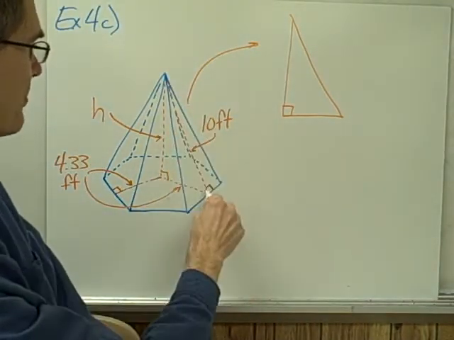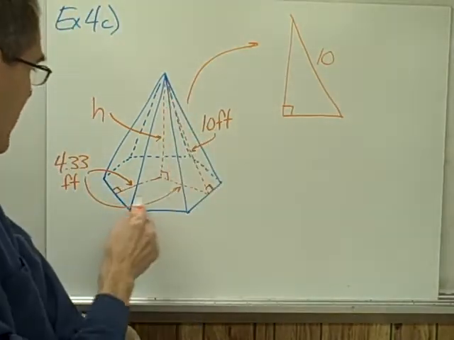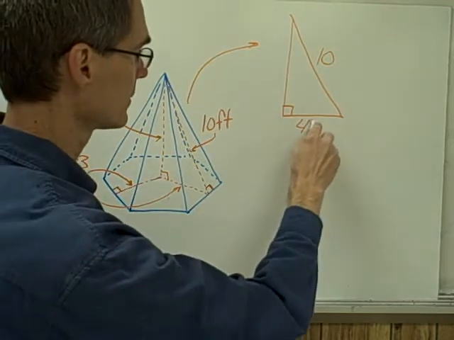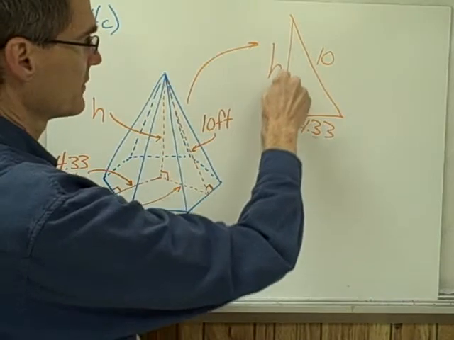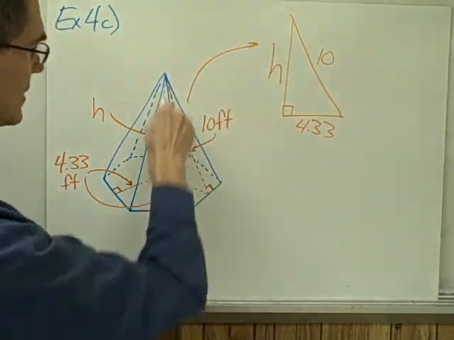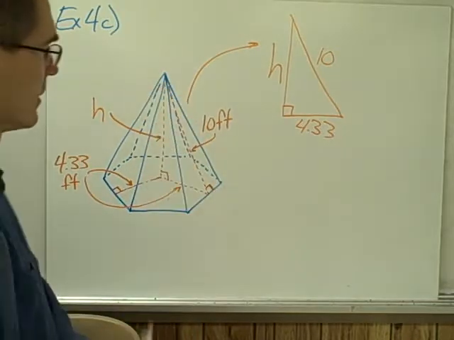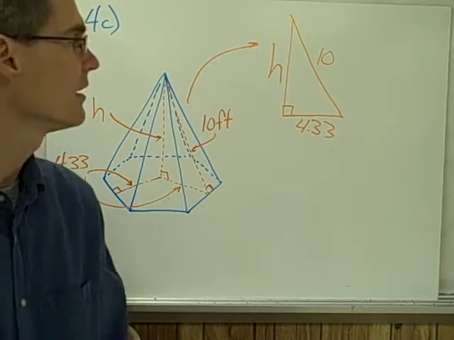The length of my hypotenuse, 10 feet, that's my slant height. The length of this leg of my triangle is 4.33 feet. And I'm trying to find this value here, h, the length of this side, but it's also the height of my hexagonal pyramid. And once I know that height, I can calculate my volume.